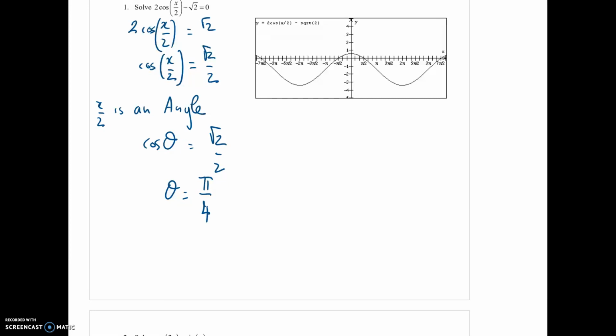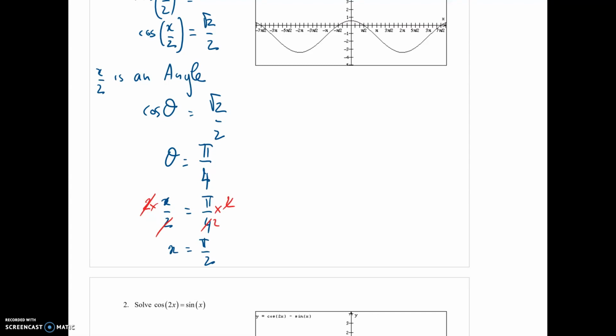In that case, x over 2 equals pi over 4, and therefore x equals pi over 2, because you multiply by 2 both sides to get rid of the 2, and so you end up with pi over 2.